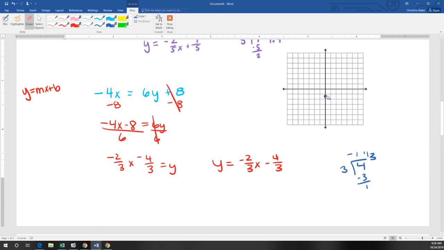Let me move that up just a little bit. And now my slope is negative 2/3. So I'm going to go down 2, right 3, down 2, right 3. Can also go up 2, left 3, and connect that. Oh, that was bad.